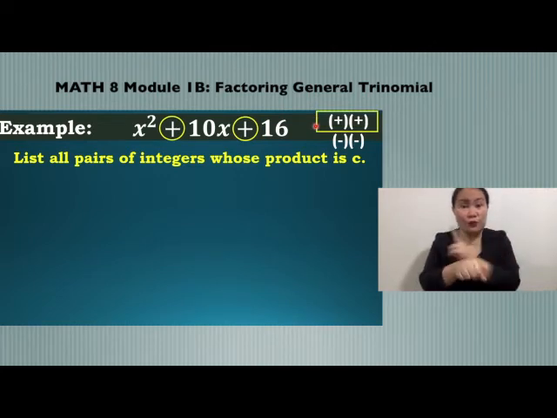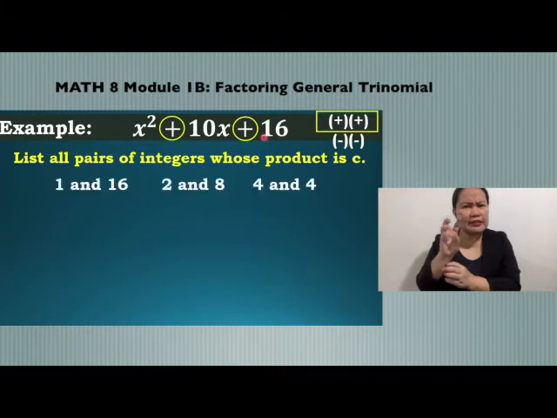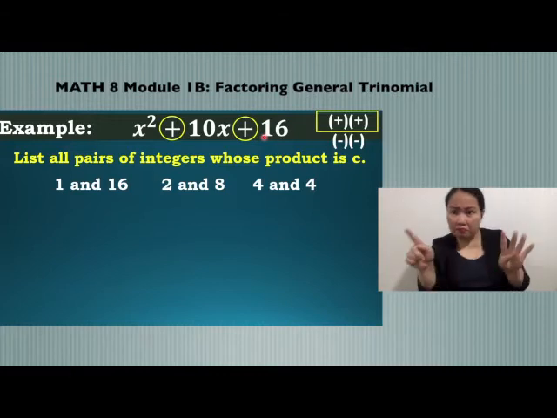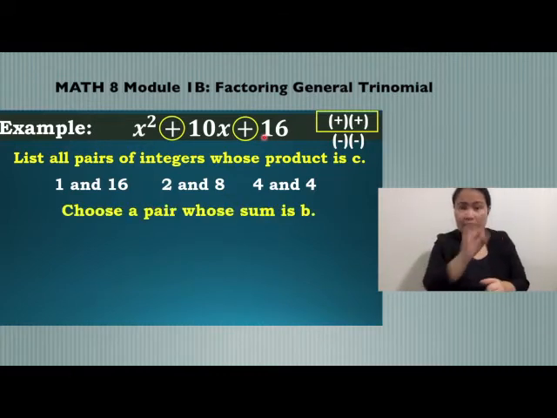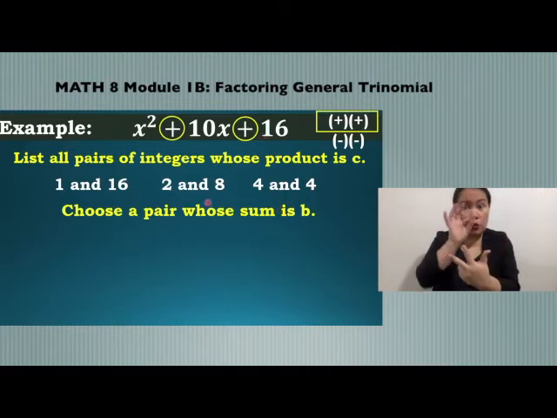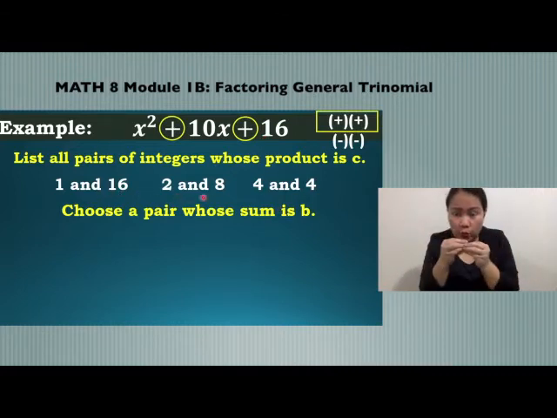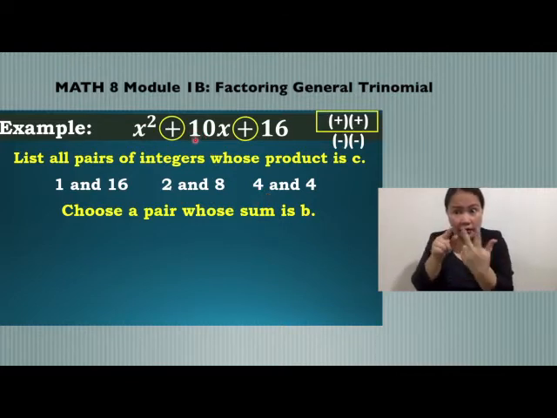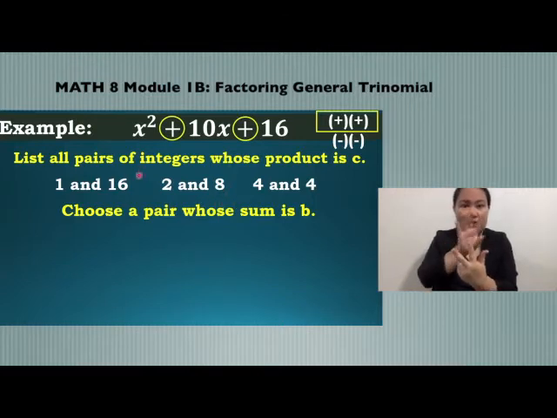Alright, so we will have, what are the factors of 16? We have 1 and 16, 2 and 8, 4 and 4. Okay, so nalista na lahat ng integers, pairs of integers. Next, we will choose a pair whose sum is b. So, pili ka dito na kapag inad mo, ang sum niya ay yung b, yung gitna, yung middle term. So, obviously, it's 2 and 8.